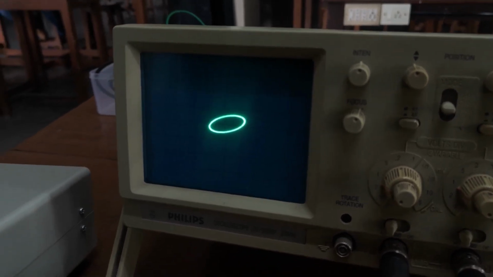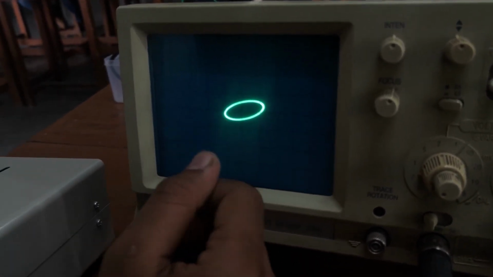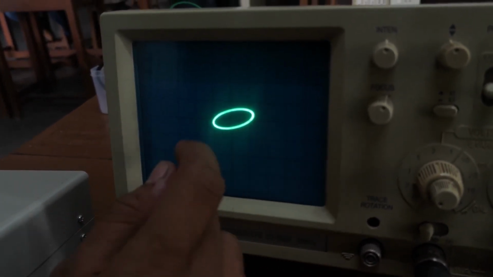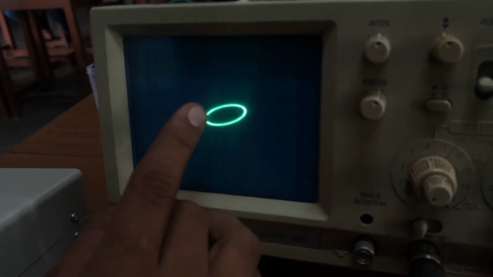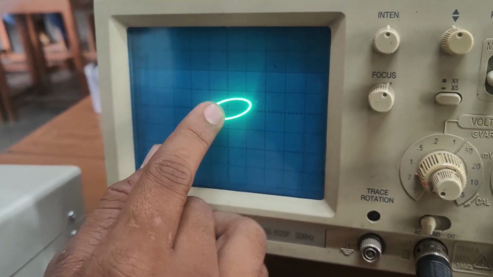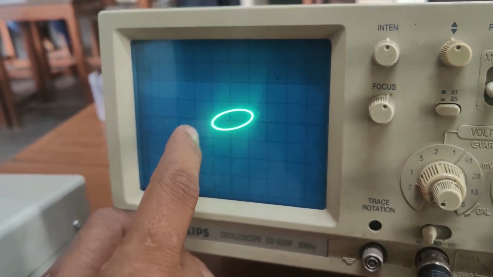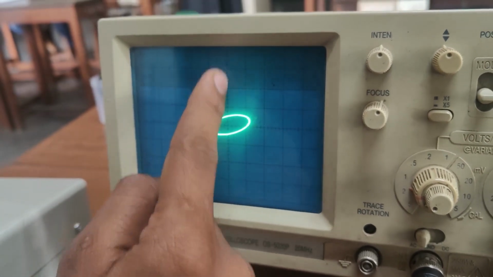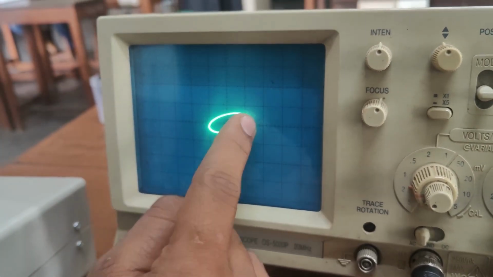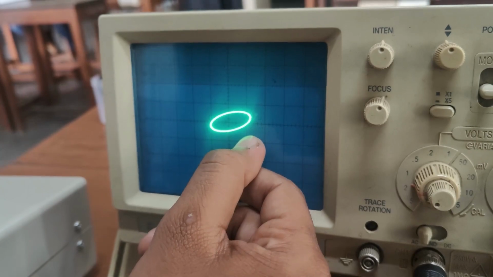To measure the values of B and A, we basically use the graph over here again. The value of B is basically from the center of the Lissajous figure to the point where the figure cuts the y-axis, and the value of A is basically the peak of the figure to the x-axis.